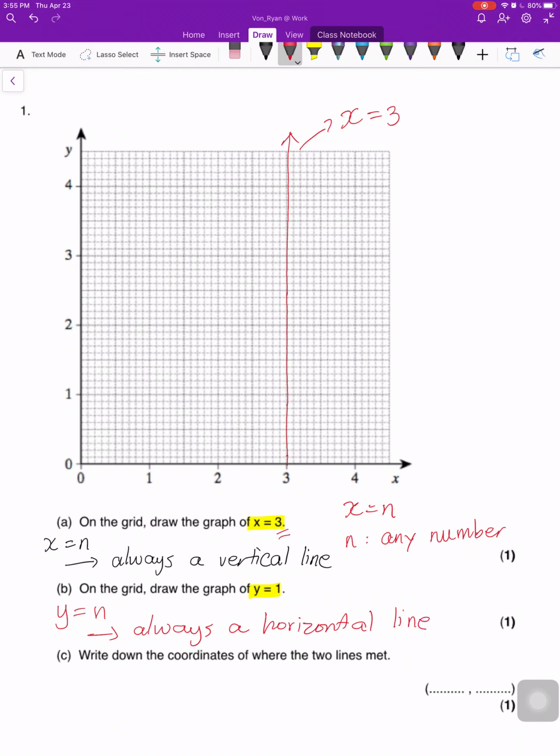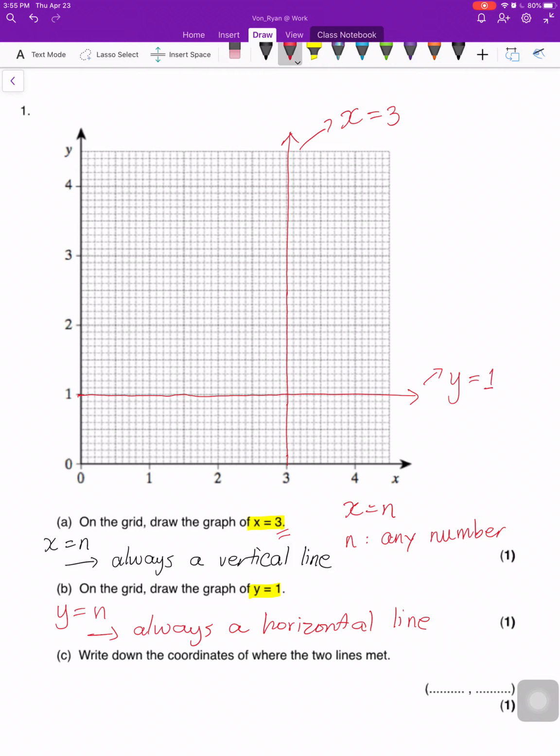So you have to look at y equals 1 and draw a horizontal line through that. So that's y equals 1, and we say that this graph is y equals 1.